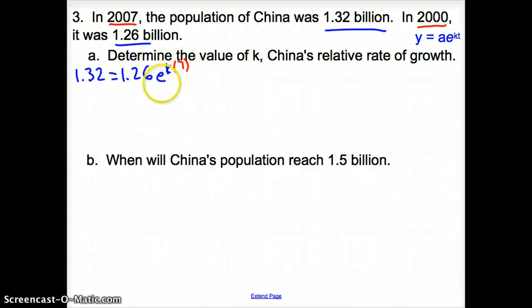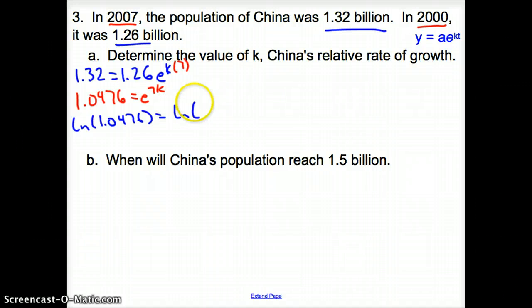Now we want to get e by itself, right? So we divide by 1.26 to get 1.0476. That's going to equal e to the 7k. Now what do we do when we get e all by itself? We have to take the natural log of both sides. When we do that, this side turns into 0.0465.